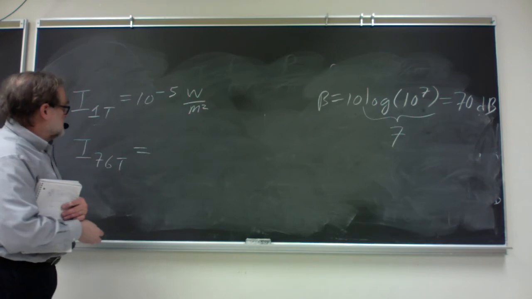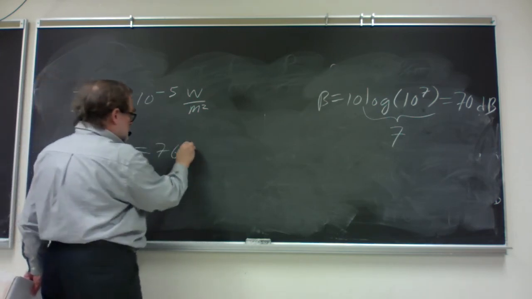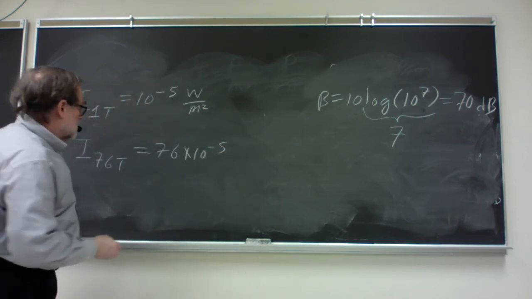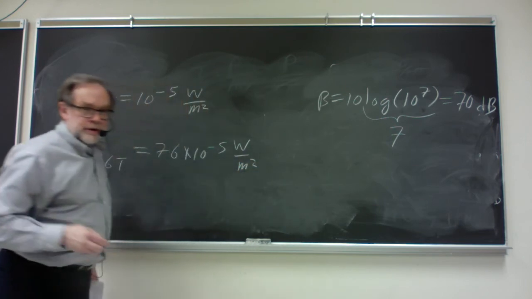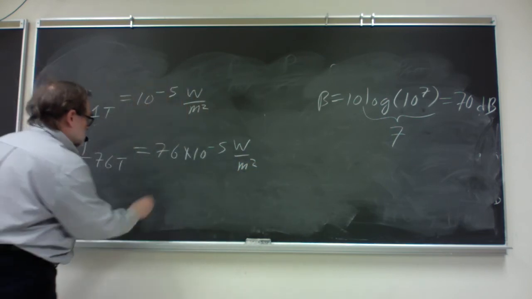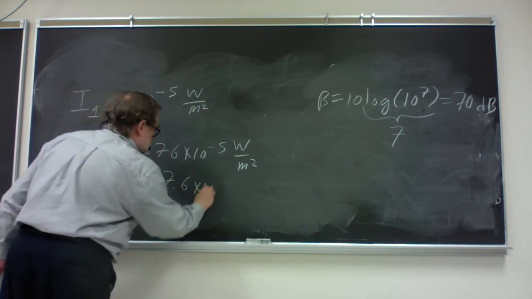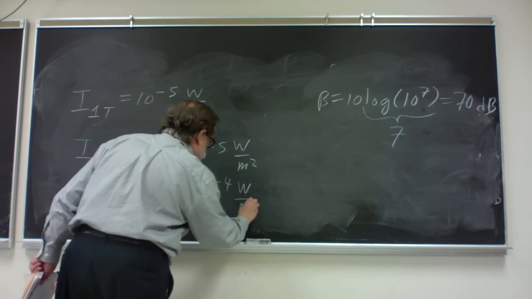So the total intensity is 76 times 10 to the minus 5, or to put it in proper scientific notation, 7.6 times 10 to the minus 4 watts per square meter.